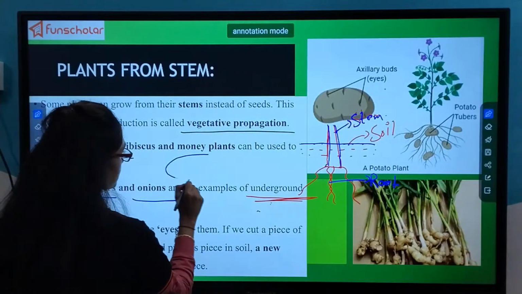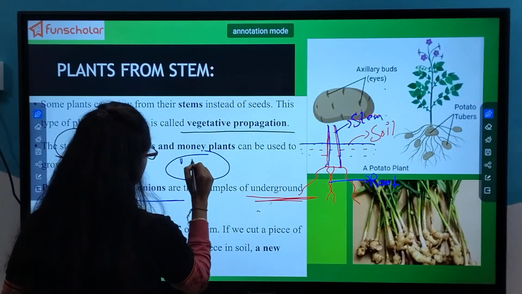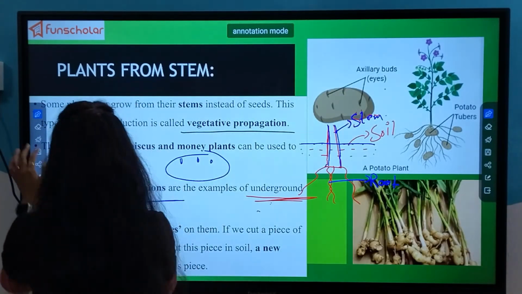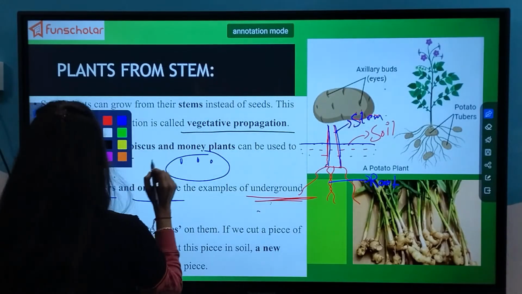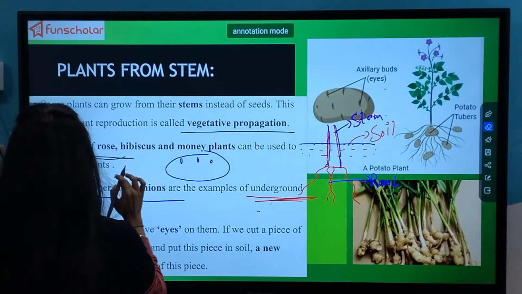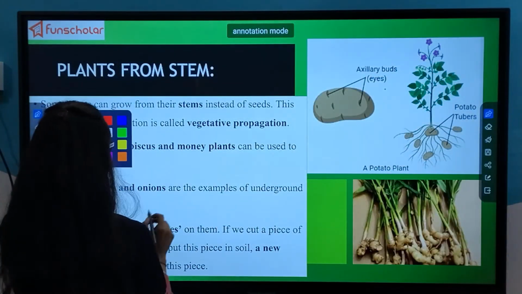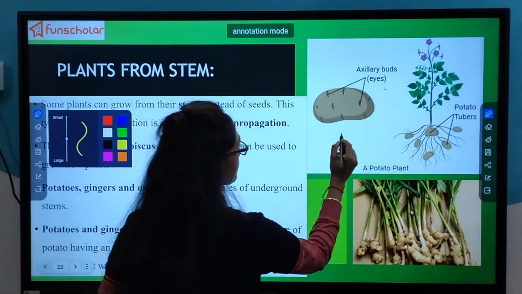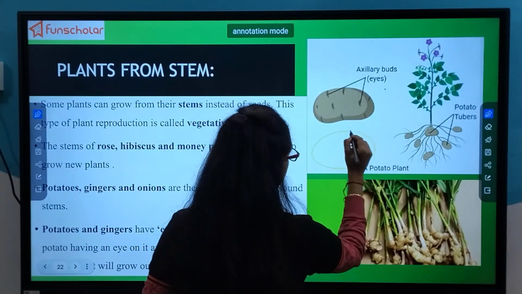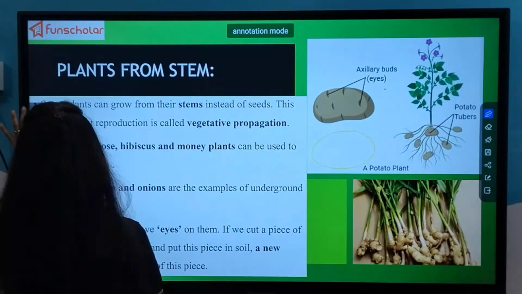Suppose this is a potato. You will find it contains sometimes greenish, not like this. Let me clear this first. Now let me draw. Suppose this is a potato. Yellow color.